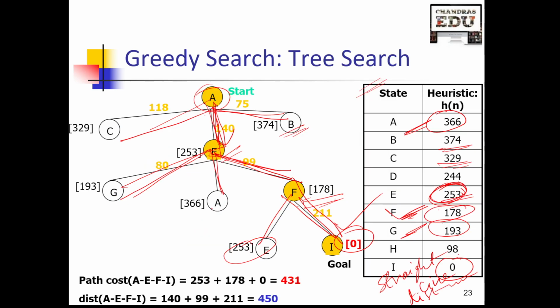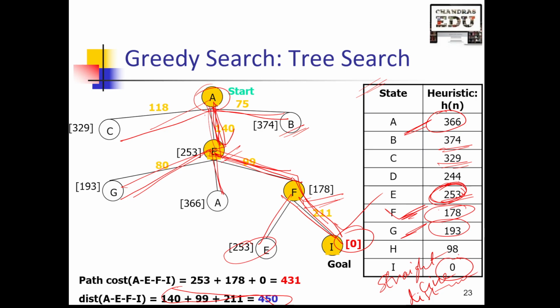If we take that path cost, the total is 450.